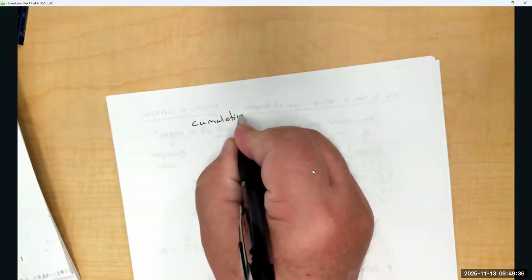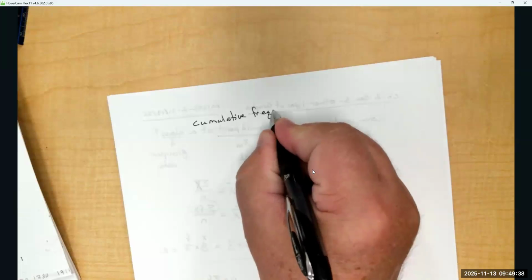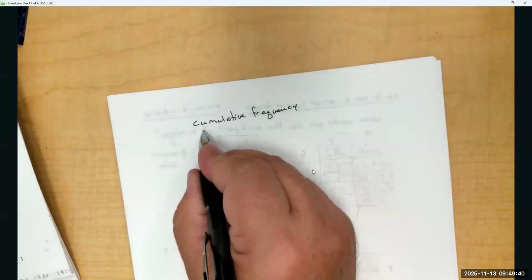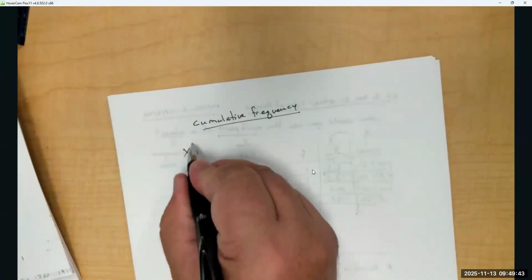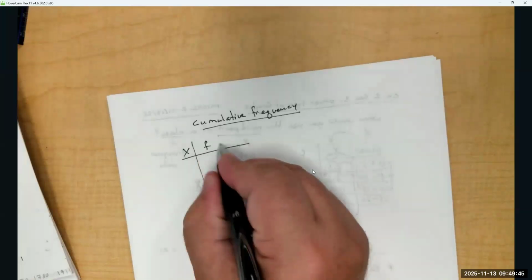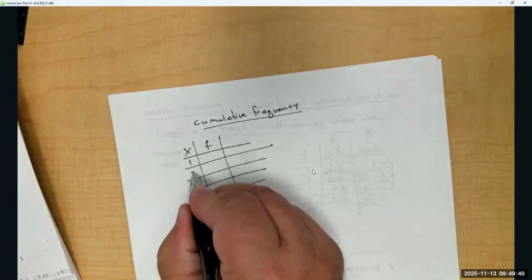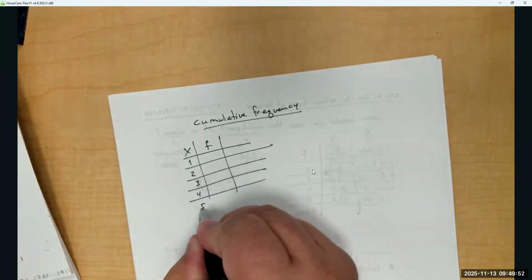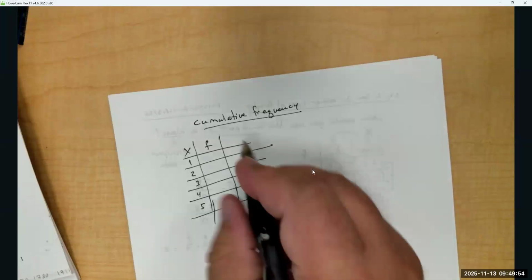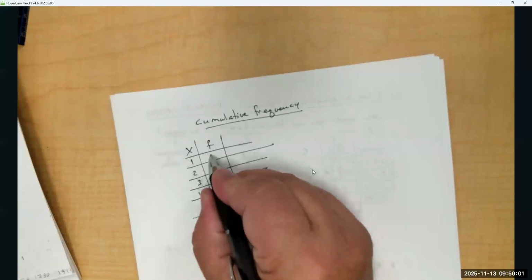How about, have you heard of a cumulative frequency? So let's pretend we have our data set back over here. 1, 2, 3, 4, 5. Three, 5, 4, 1, 2.